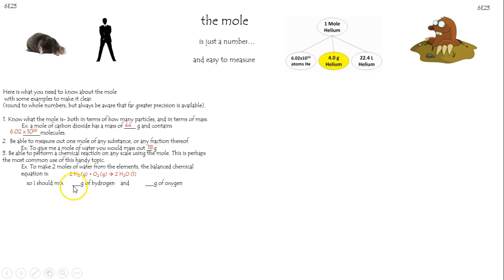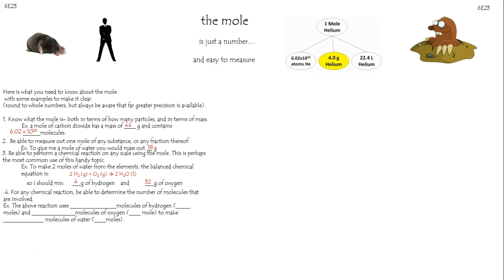I should mix, well, 2 moles with 1 mole, but 2 moles weighs 4 grams, since each hydrogen is 1 gram, and we have 2 H2s, so 2 times 2 is 4. I have 1 O2 at 16 grams per mole, but it's O2, therefore I mix 32 grams, and I'll make 36 grams of water.